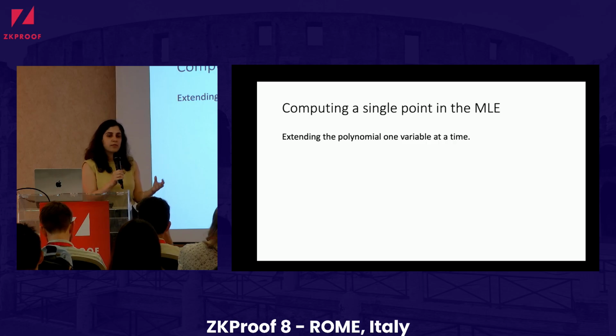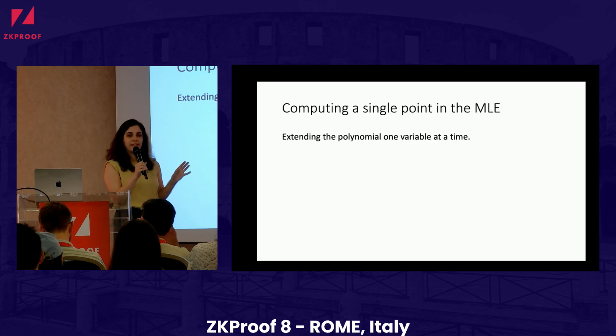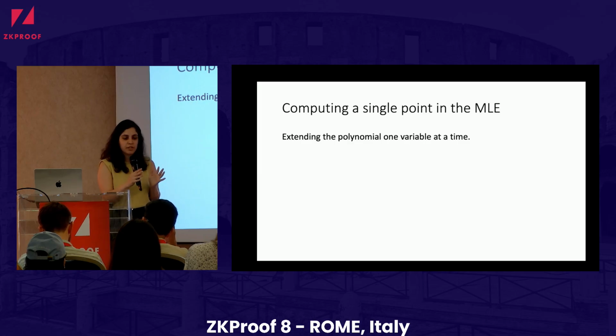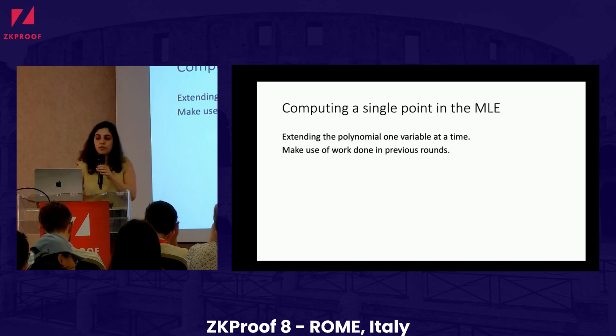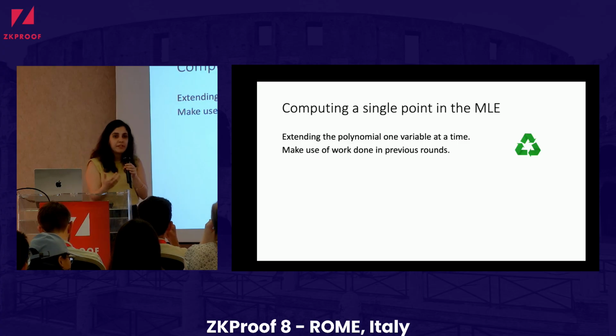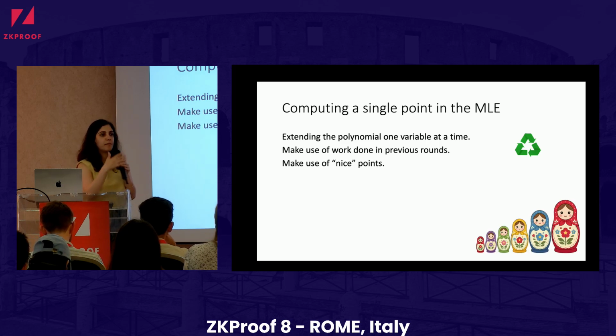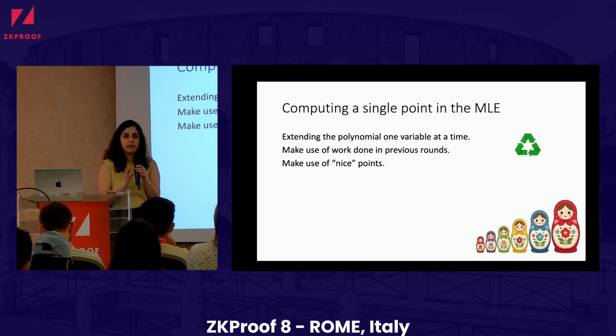If you recall how we define these, I think we saw the equation before, it was equality and so on. So there's a very nice structure of these coefficients, which means if we extend our polynomial one variable at a time, and reuse the work we did in the previous round, and use one more fact, which is that we have these nice points that are coming from these growing fields, then with all of these together, we can still get the linear prover.